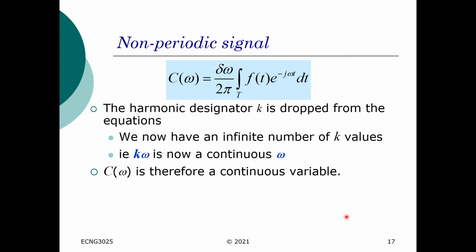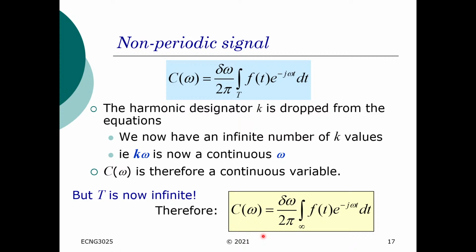That means we now have an infinite number of k values, or an infinite number of harmonics, because k omega naught now becomes a continuous omega. And capital C of omega is basically a continuous variable, because T is now infinite. So therefore, since T is infinite, we just substitute T being infinity for our analysis.